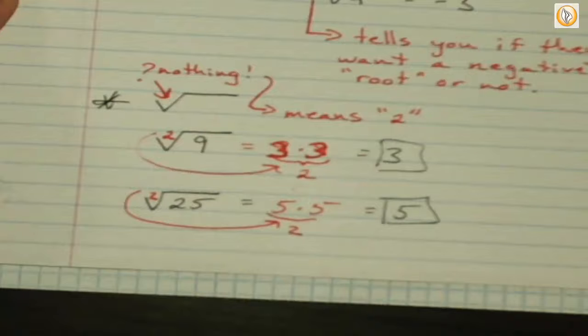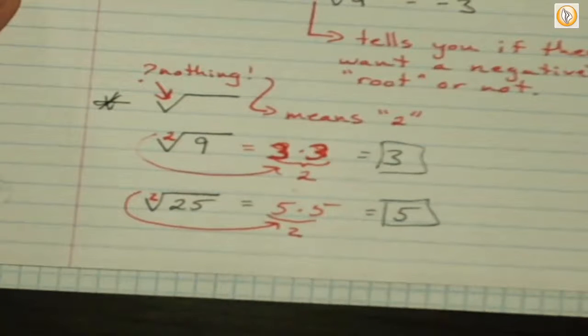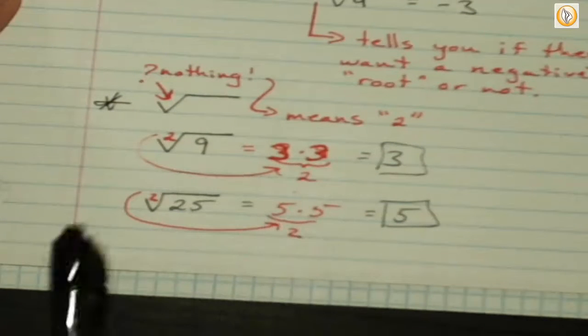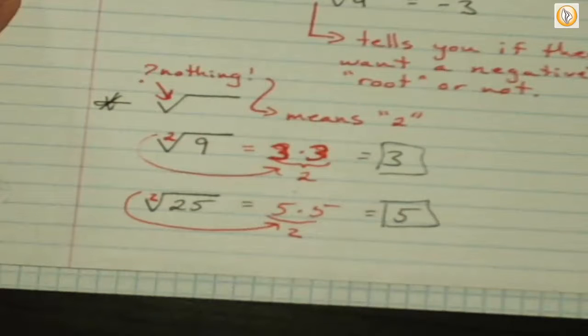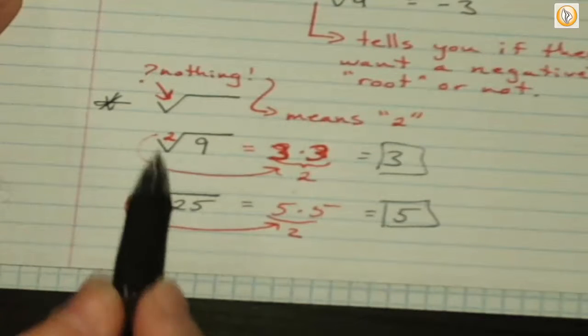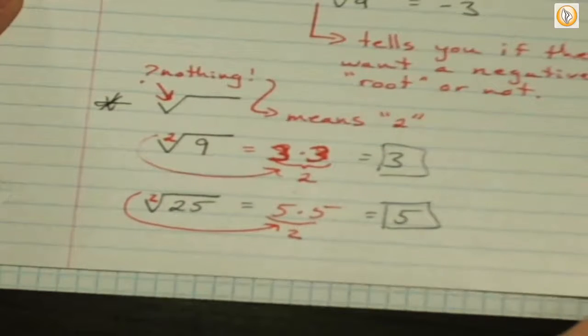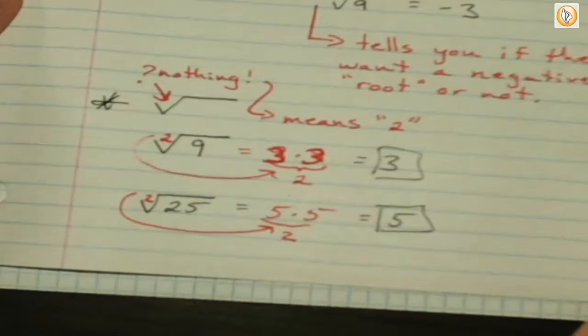The square root of 16 is 4 times 4. Square root of 121 is 11 times 11. Each time it's been times itself 2 times because there's an understood root of 2. Does everyone get that? When you're done taking notes, put your pen or pencil down so I know.